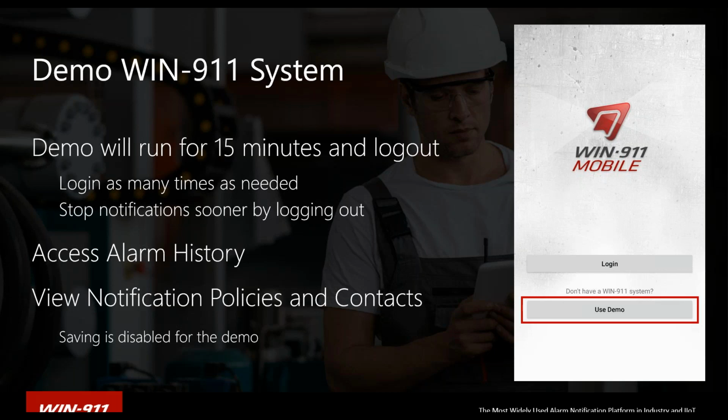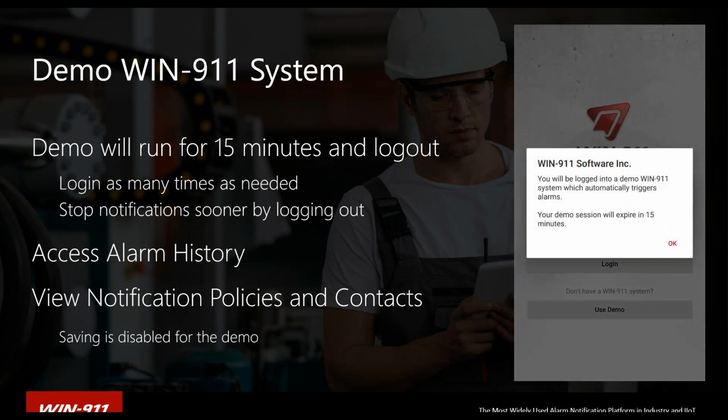And you can't save changes to your contacts either. You'll get a message that pops up on your screen saying that saving is disabled for the demo. I forgot I've got an animation here, so you can see the messages that pop up when you sign in. So you just can't save notification policies and contacts in the app.